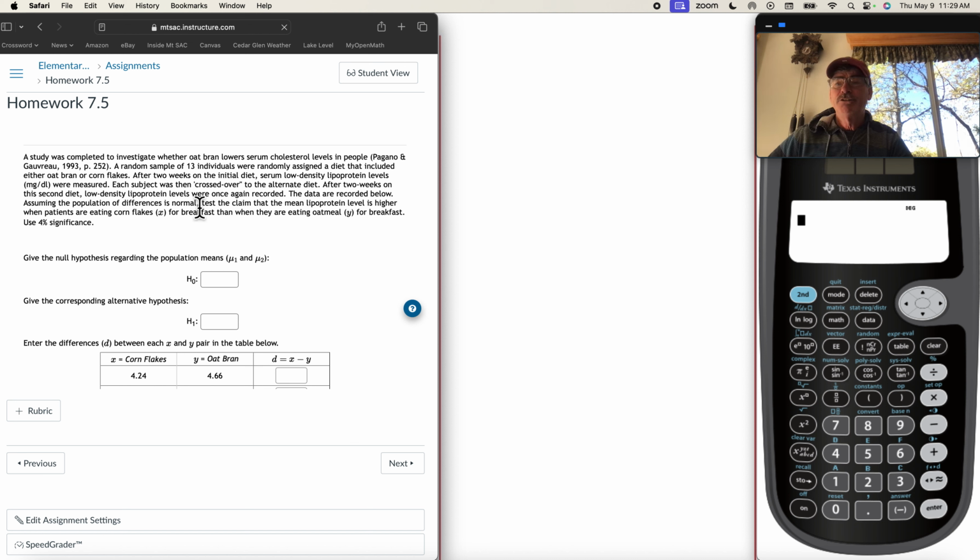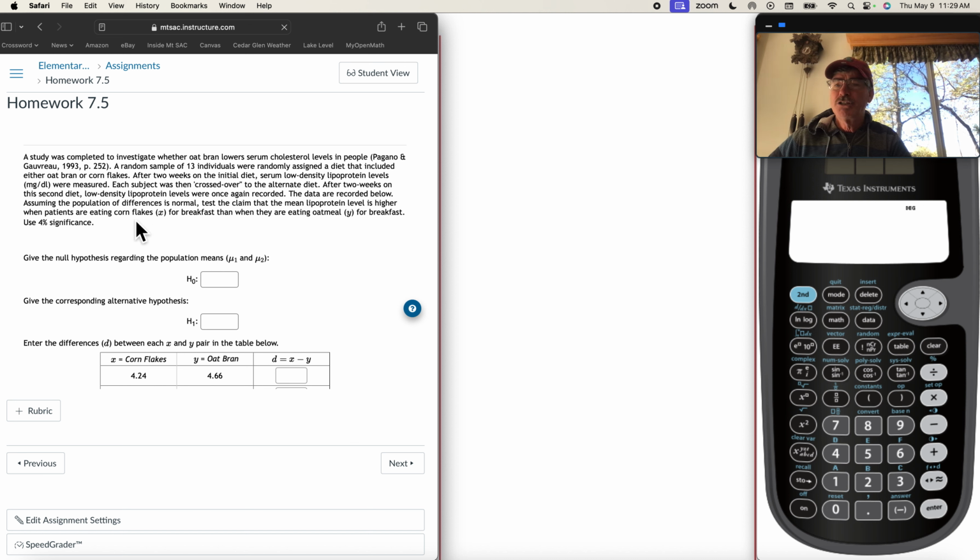After 2 weeks on the initial diet, serum low-density lipoprotein levels were measured. Each subject was then crossed over to the alternate diet. After 2 weeks on the second diet, the LDL levels were once again recorded. The data are recorded below.